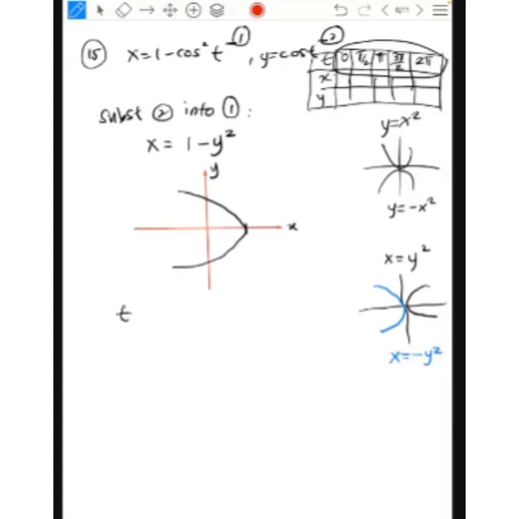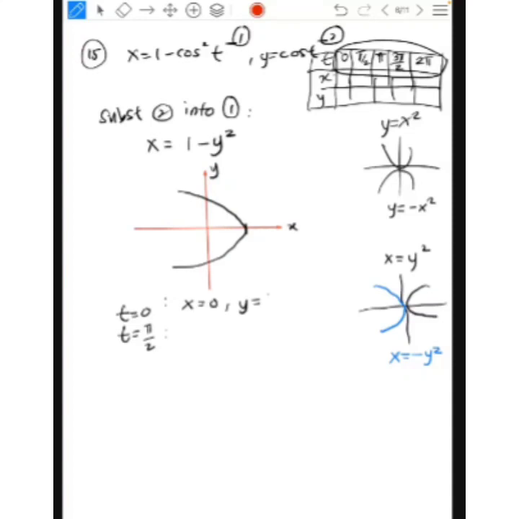Okay, now the orientation. Let's see, we choose t equals to 0 and t equals to pi over 2. Just two values. If t equals to 0, then I have cos 0 is equals to 1, 1 minus 1 is equals to 0. Cos 0 equals to 1, y equals to 1. And then cos pi over 2 is what? 0.